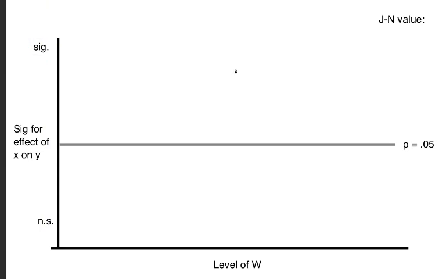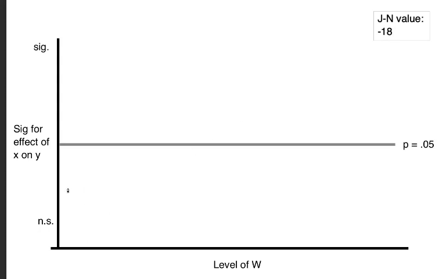Okay, so when we're thinking about these Johnson-Neyman values, it can be kind of confusing sometimes. What we found in our lab, the value where the significance changed was something around -18. So that's 18 units below the mean of W.